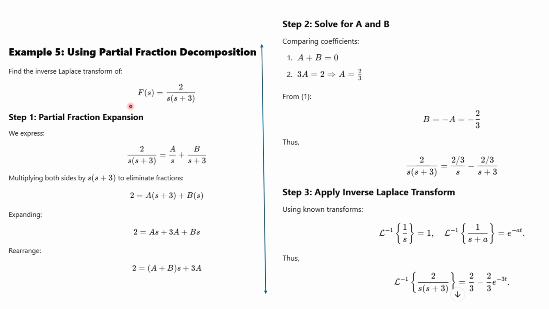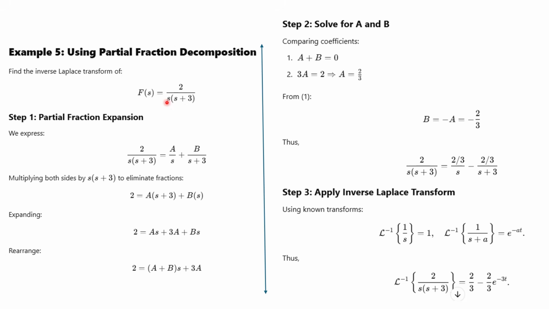So here is an example of how we can convert back, that is, take the inverse Laplace transform using the partial fraction technique. Suppose this is in the s domain, 2 divided by s into s plus 3, and we want to convert it into the time domain. How can we do it? First use partial fractions, so we can rewrite the same expression as a divided by s plus b divided by s plus 3, right?